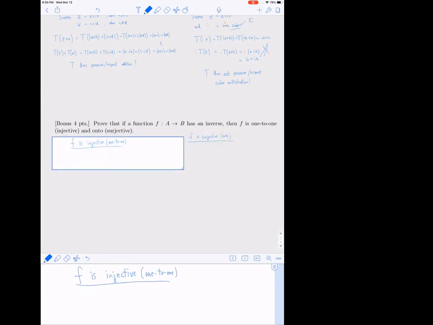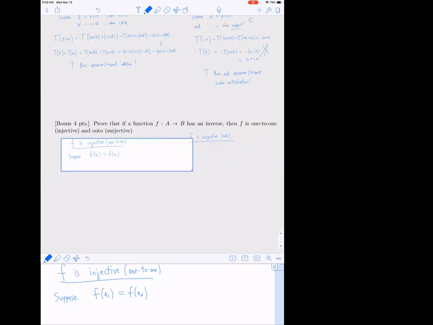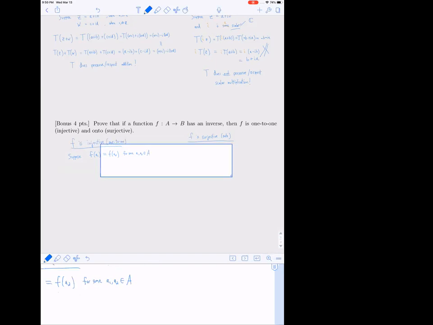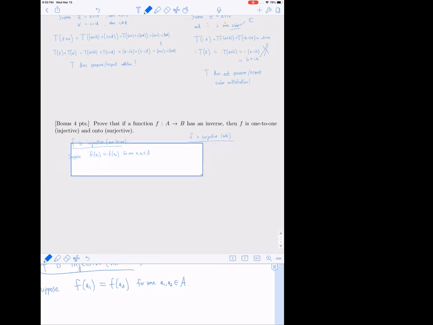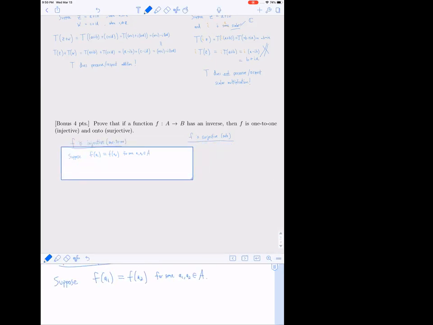All right, so what does it mean to show that f is injective? We'll say that if we were to suppose that f of a1 were equal to f of a2 for some a1 and a2 in the domain of f, namely A, what we want to do is prove that a1 must equal a2.